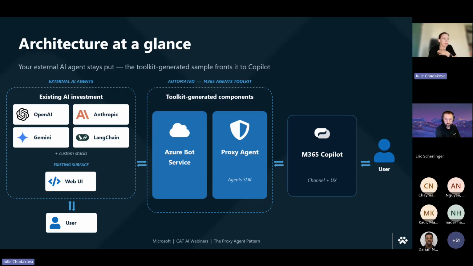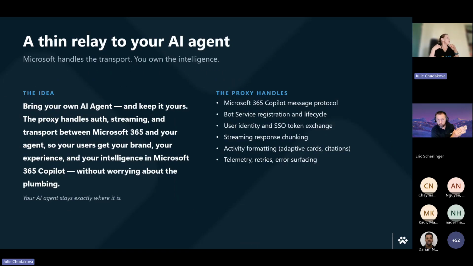But the idea is that it's just a thin relay and a transparent layer that handles all the auth and streaming and transfers between Copilot and your agent. Your agent is intact, and the proxy agent only forwards the messages and receives the answers from your agent.